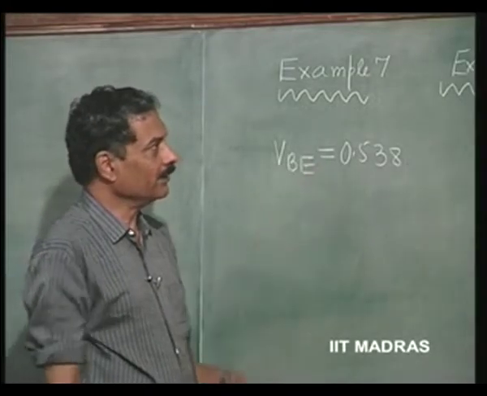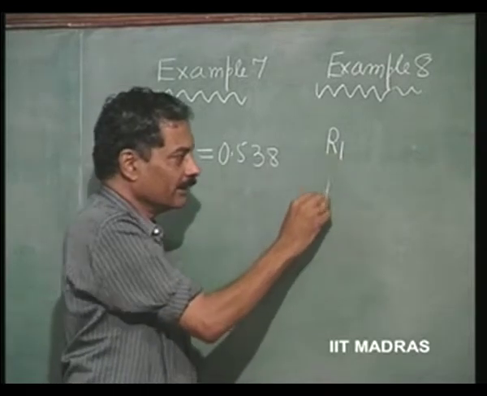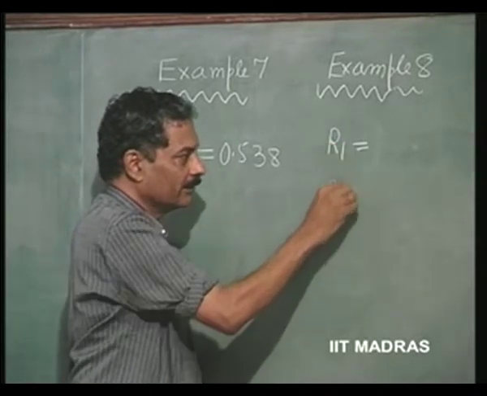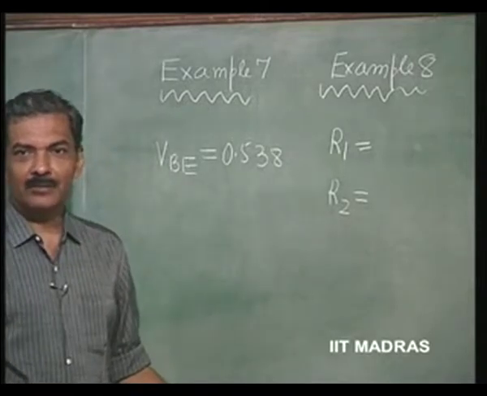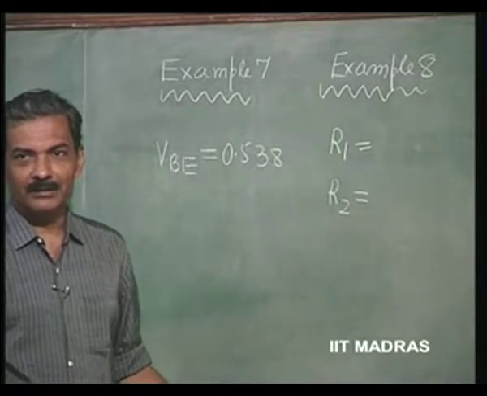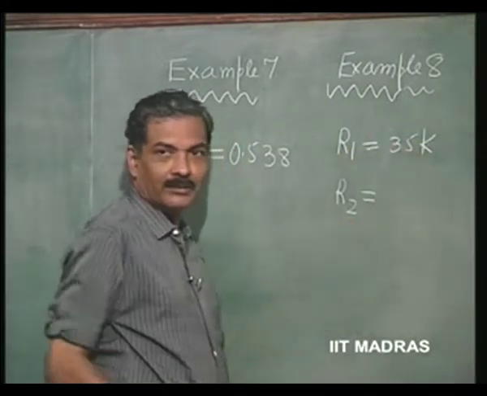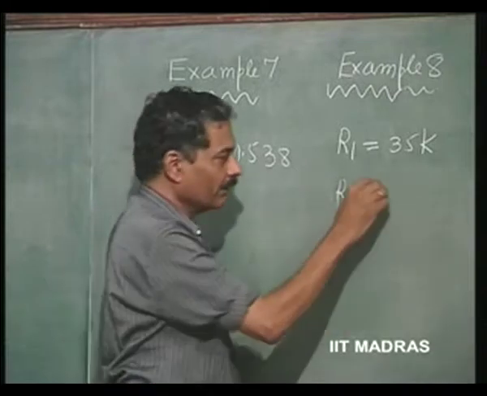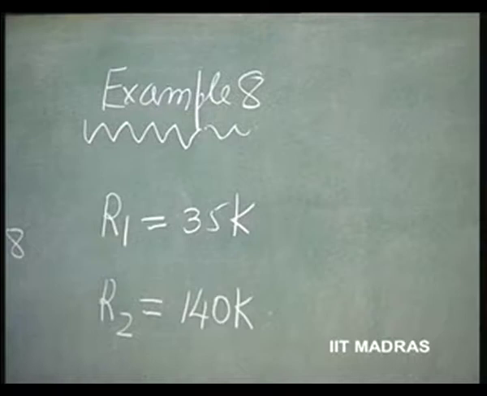So, please calculate. In example 8, I asked you to find out R1 and R2 for biasing, and that comes out as R1 equal to 35 K and R2 equal to 140 K. These are the answers which you should have obtained in your hostel while calculating.